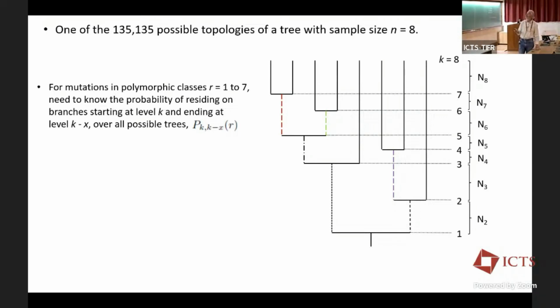And then what we need to know is the probability of mutations arising on these different branches. This is the problem: the depth of these different nodes changes randomly over the tree. Singletons always have to be on the exterior branches, right?